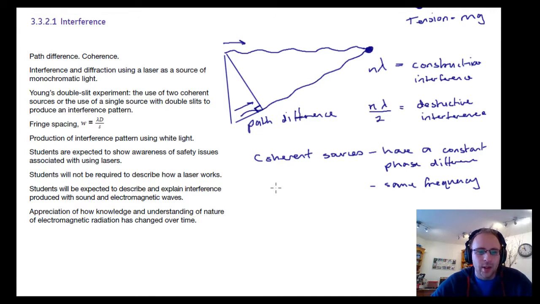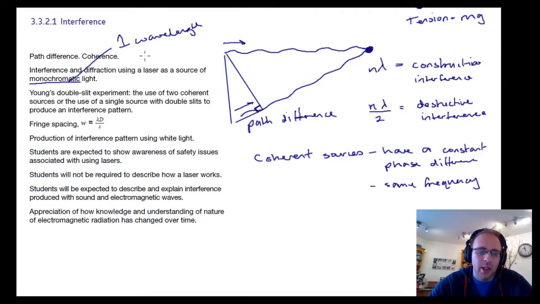These days we don't need to do that because we can use a laser, and lasers are monochromatic, and monochromatic means one wavelength, and those can be very specific.